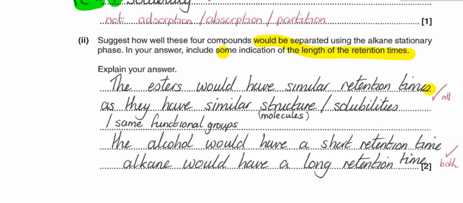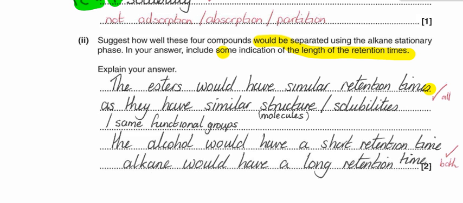Then for the final part, the alcohol, because it doesn't have a great affinity with the stationary phase, because you've got an alkane stationary phase. Alkanes form van der Waals forces. Alcohols, they've got that OH group, so they're polar molecules, they'll form hydrogen bonds.